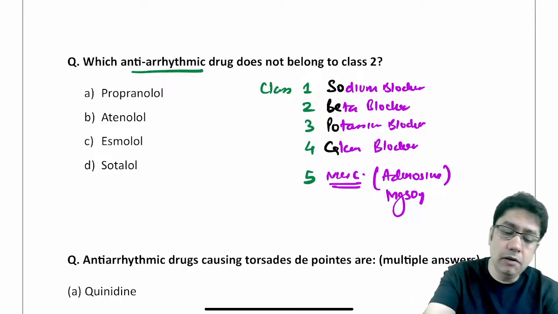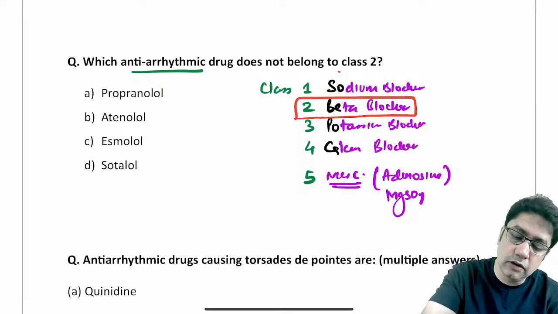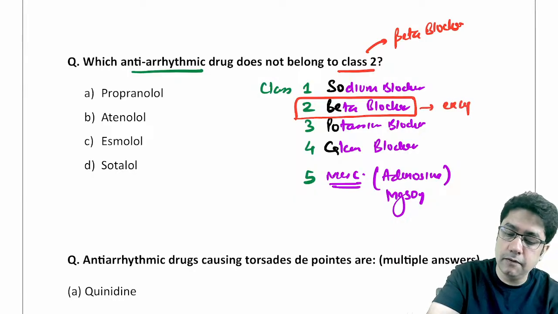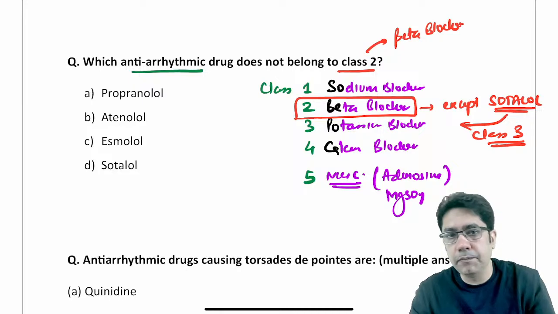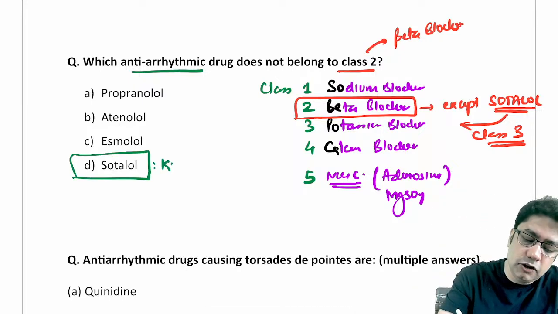Now remember, all beta blockers are under class 2. So class 2 contains beta blocker, except one beta blocker, except sotalol. This is a very frequently asked question. Sotalol is under class 3 because sotalol has a special property that although it is a beta blocker, it has special potassium channel blocking action.